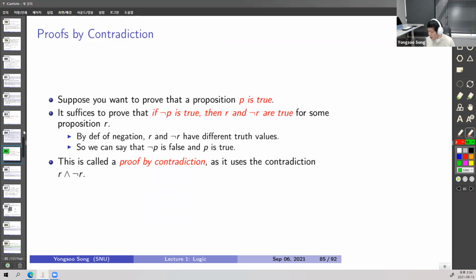For example, we would like to show that a proposition P is true. In this case, we assume that P is false and conclude that both R and negation of R are true for some proposition R, which definitely cannot happen. So we can deduce that P is true.